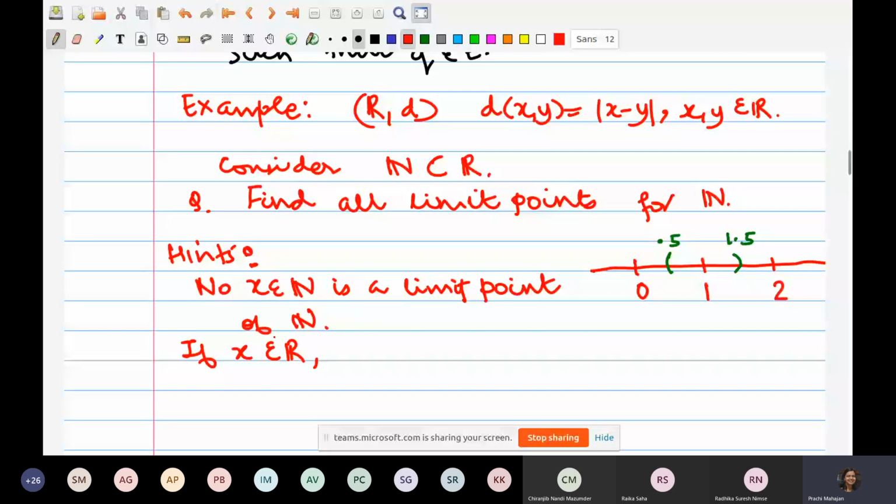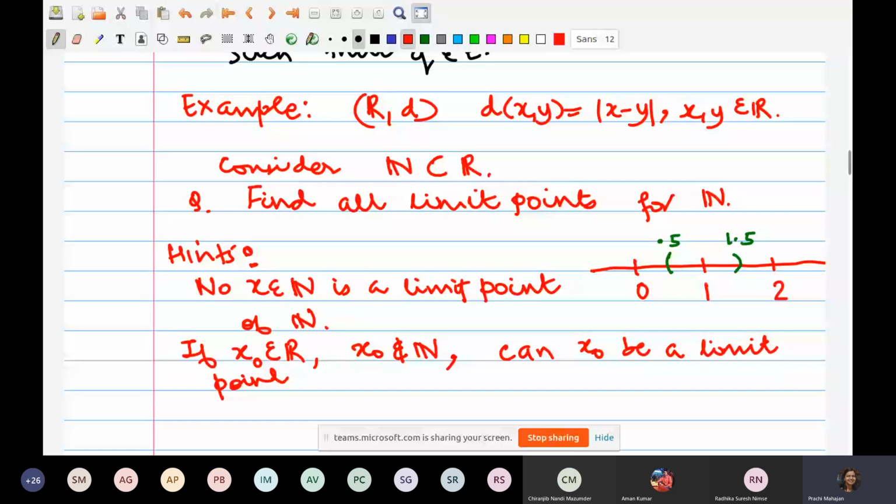If x naught is a real number, possibly not a natural number, can x naught be a limit point of the set of natural numbers?